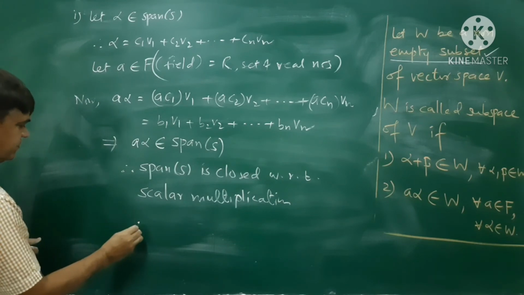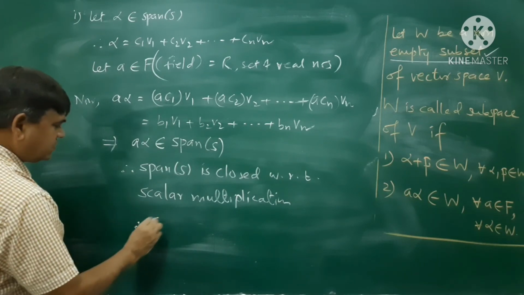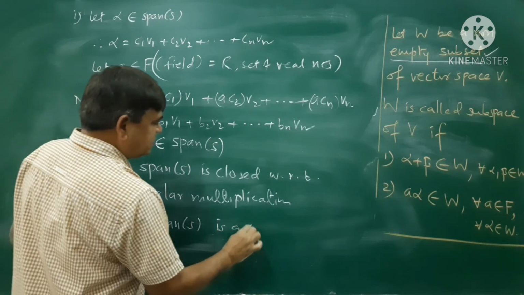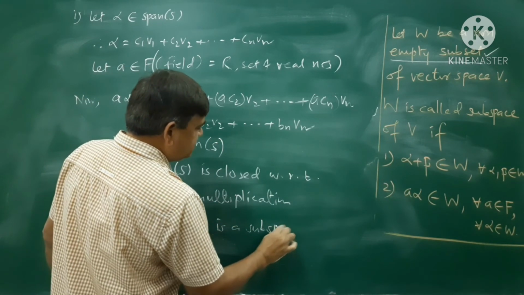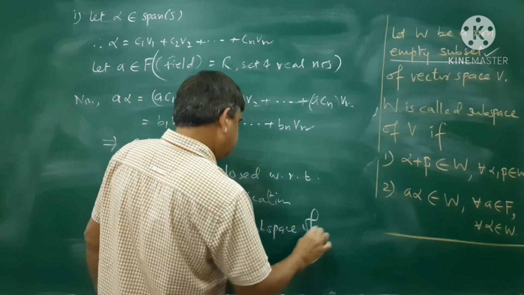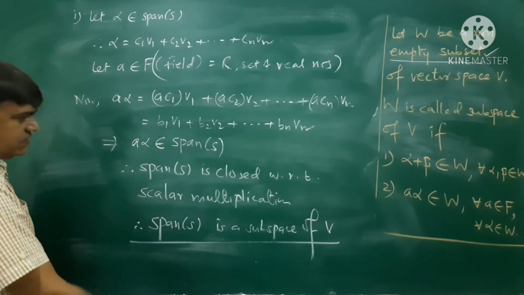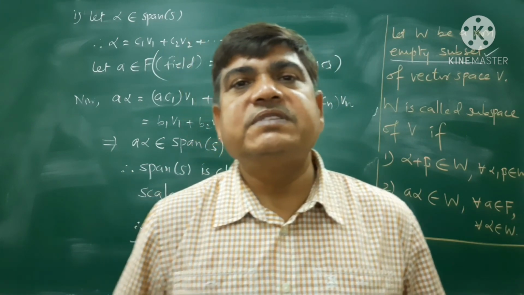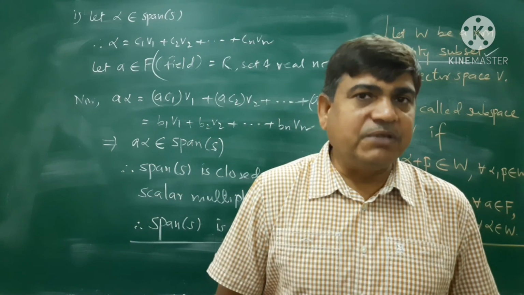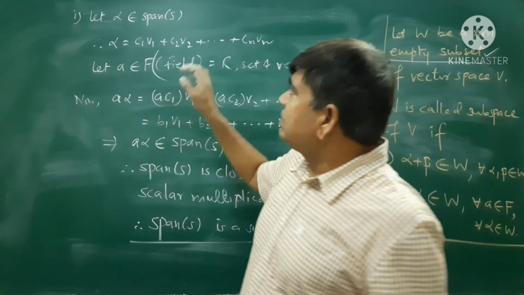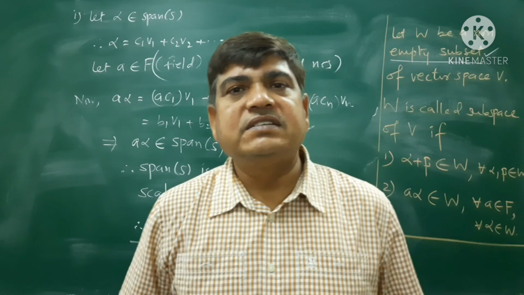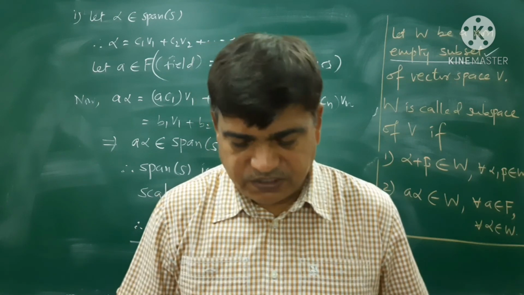Therefore, span S is a subspace of vector space V. So this is the theorem, and this is very important. Sometimes it is asked in the examination. So you remember how to prove that span of S is a subspace of the vector space.